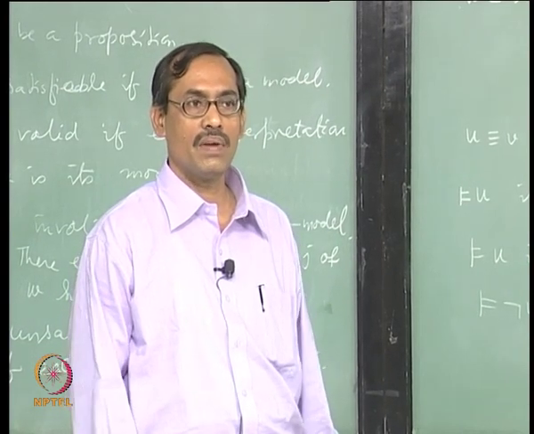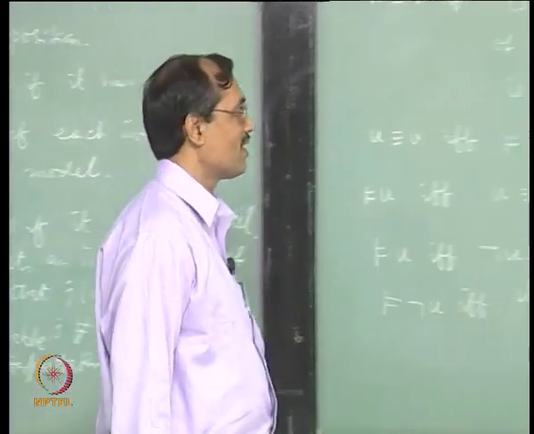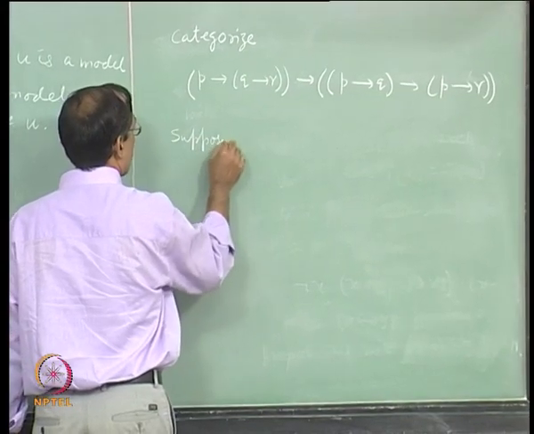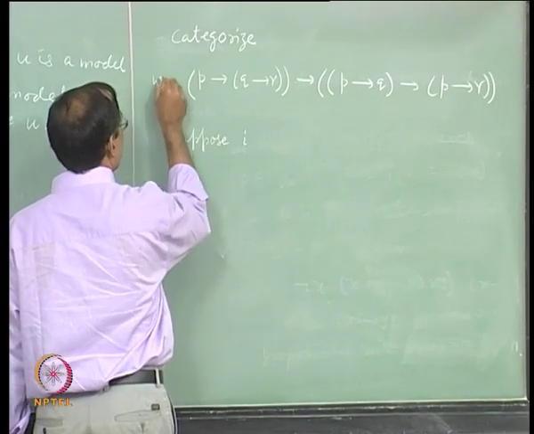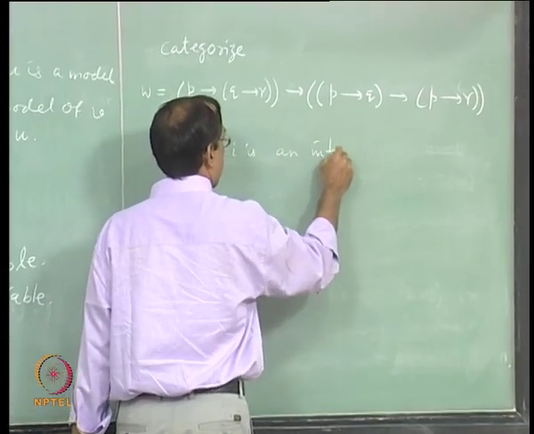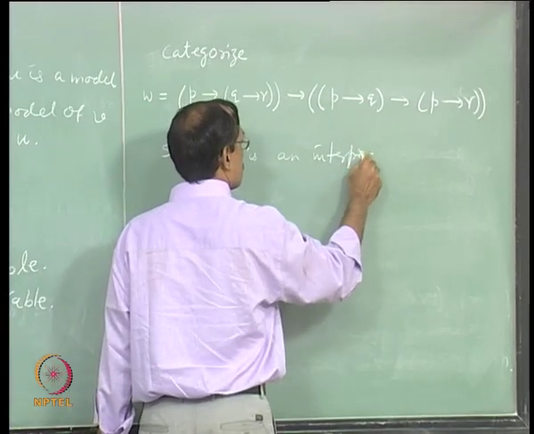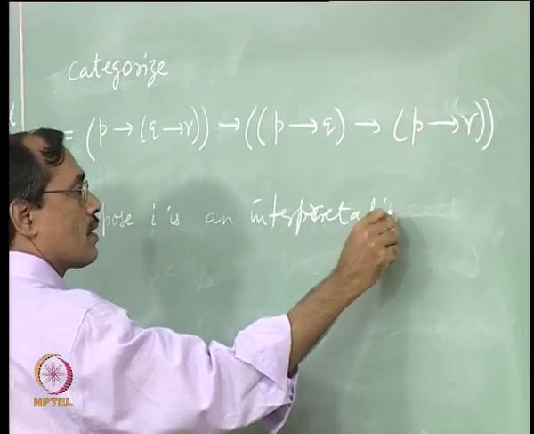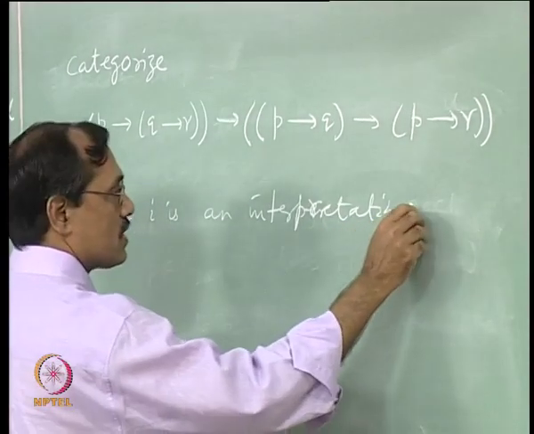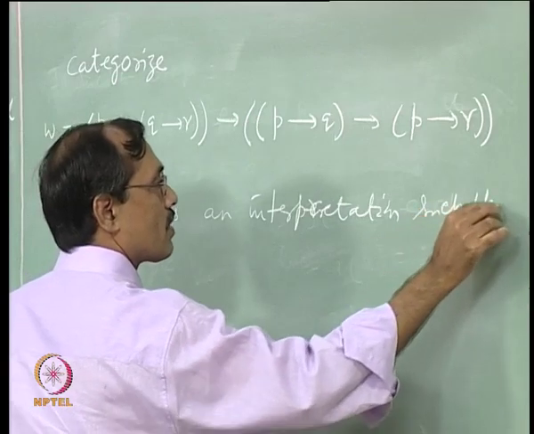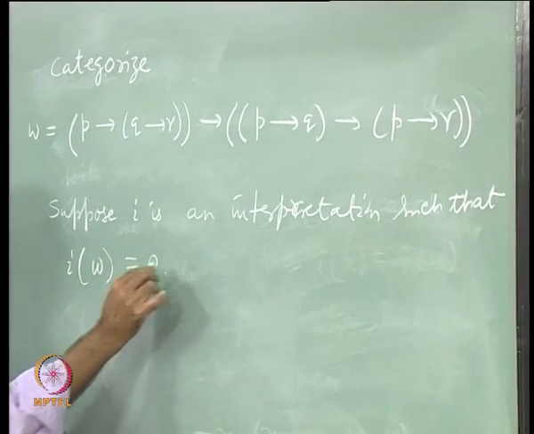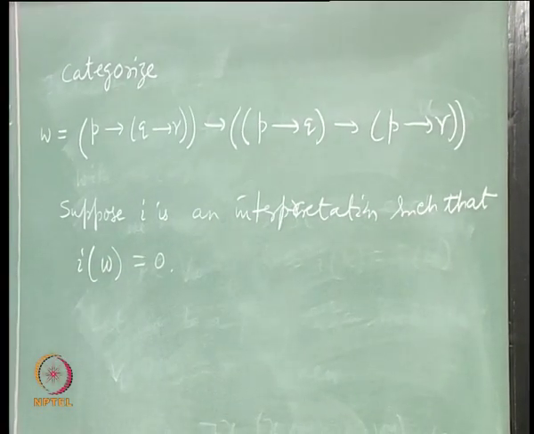Well, I will try to have a shortcut here. Suppose I is an interpretation, let me call the proposition W, such that I is not a model of W, that is, I of W equals 0.